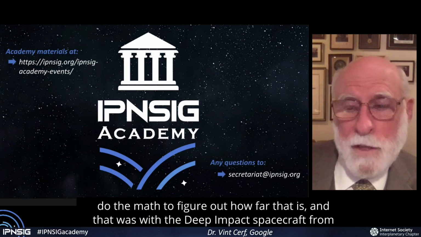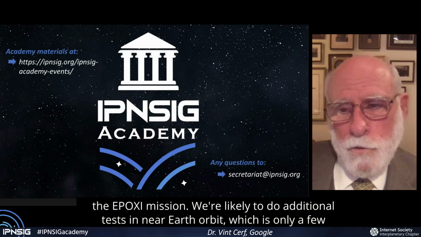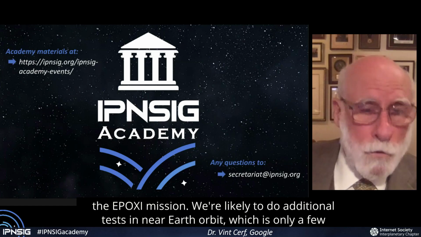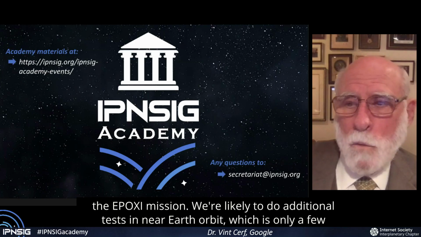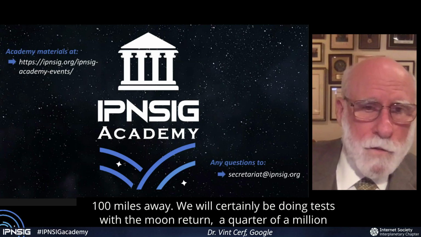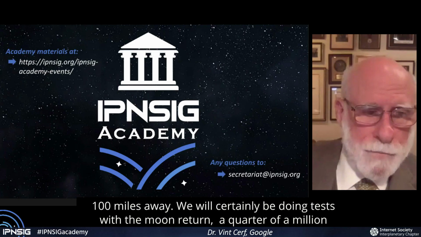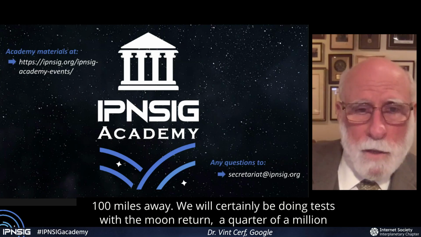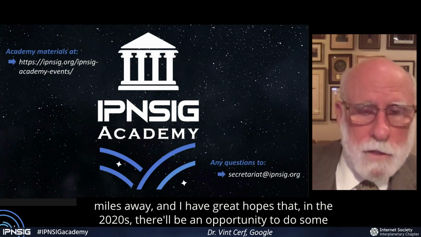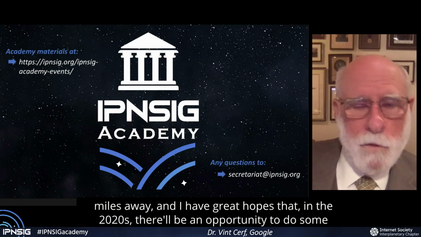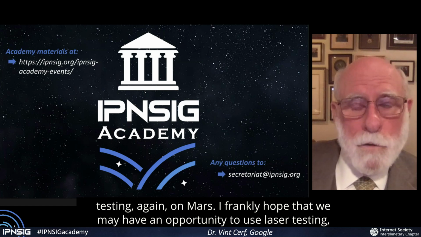from the EPOXI mission. We're likely to do additional tests in near-Earth orbit, which is only a few hundred miles away. We will certainly be doing tests with the moon return, 250,000 miles away. And I have great hopes that in the 2020s, there'll be an opportunity to do some testing again on Mars.